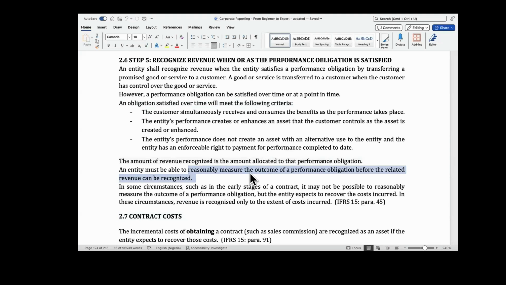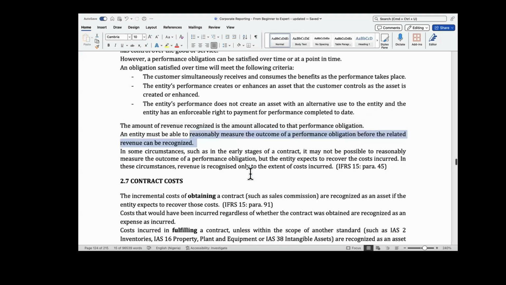It's that proportion of your contract price that you can recognize as revenue. But if you cannot measure what you have done to date, then you need to recognize revenue up to the point of the cost incurred to date. Okay, that was how I was explaining what contract cost means.